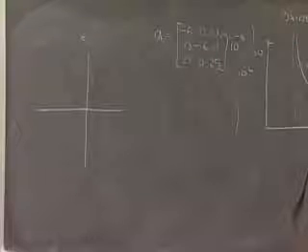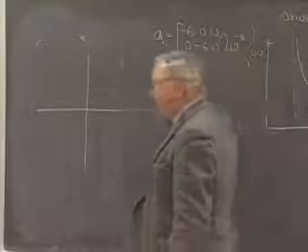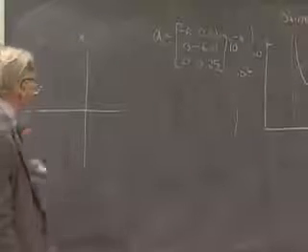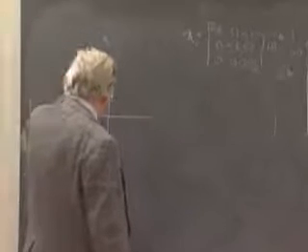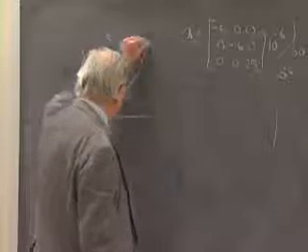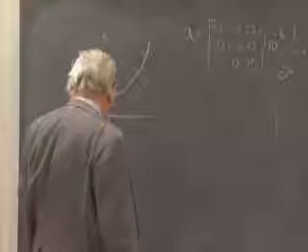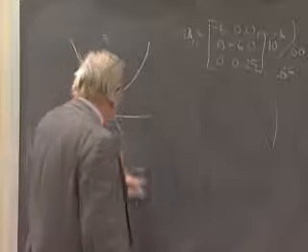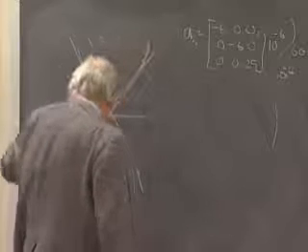But what is this going to be? This is going to be a quadric that has the shape of a hyperboloid of two sheets. So it's going to look like this. And there'll be an asymptote like this, and an asymptote like this.